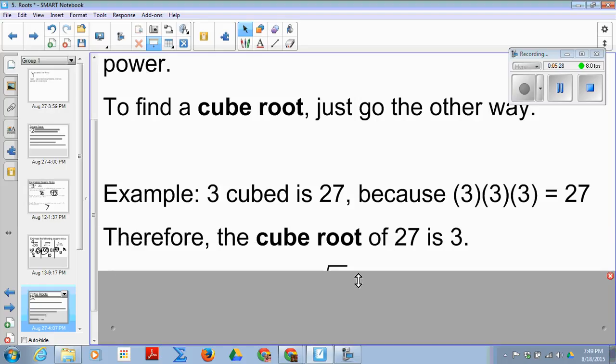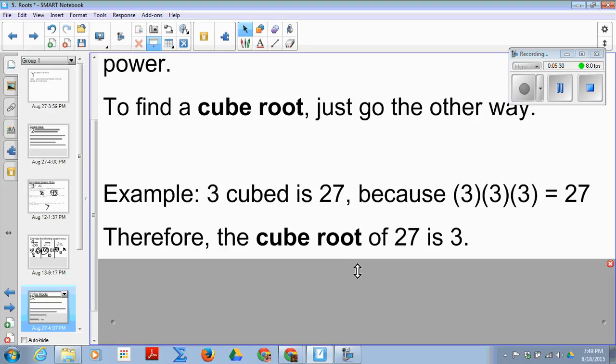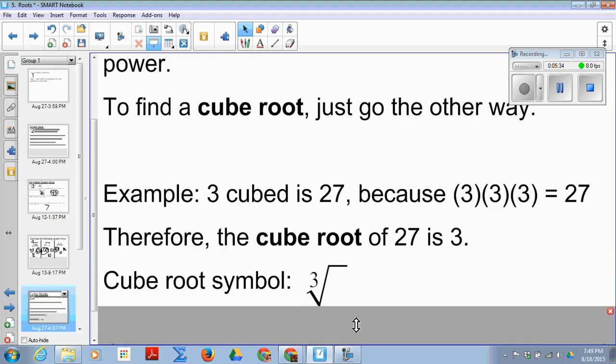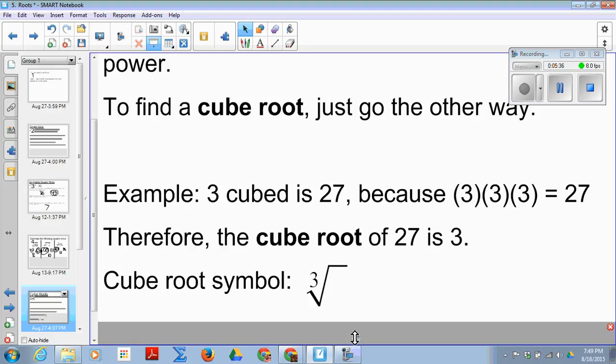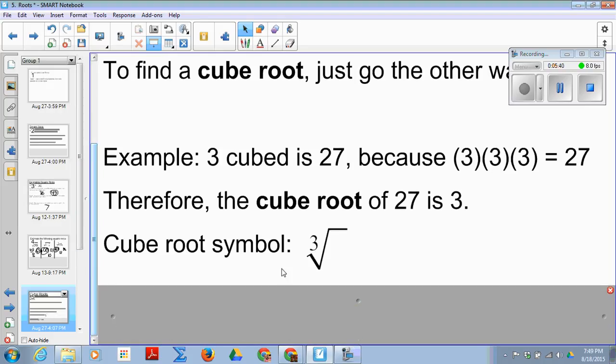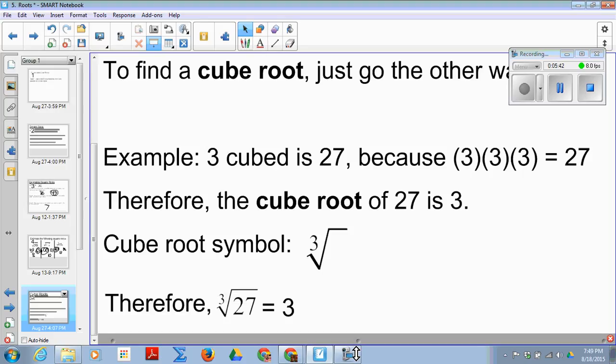So the cube root of 27 is 3. The cube root symbol looks like a radical sign with a little 3 inside the check mark. So we say the cube root of 27 is 3. That's the way it is read.